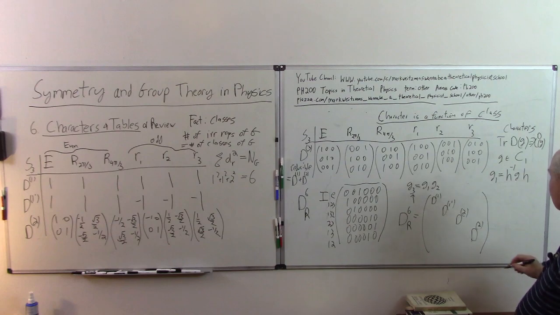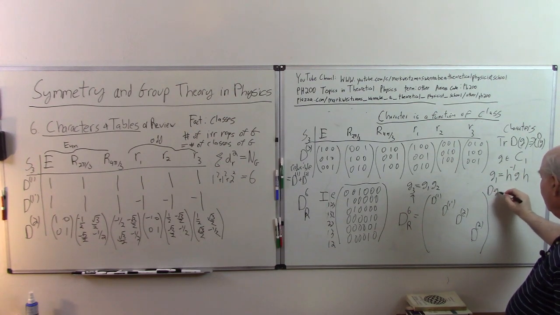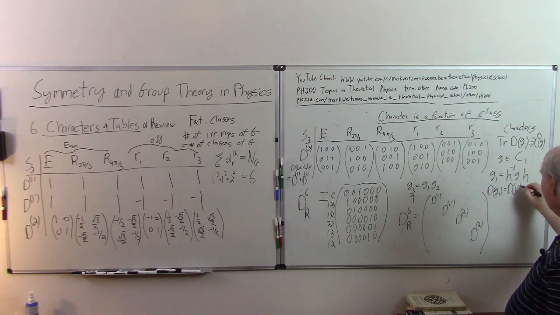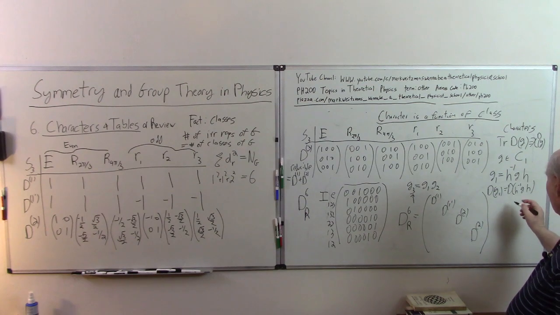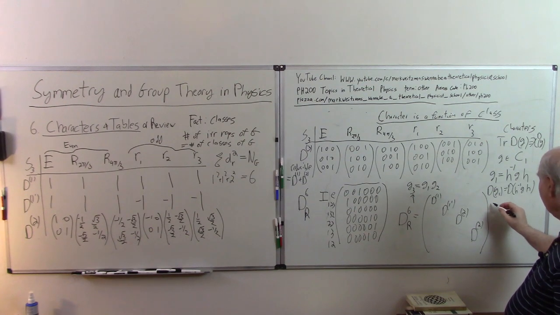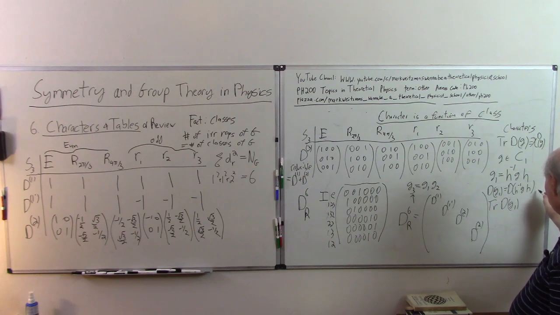Now that means in the representation matrices, D(G1) is equal to D(H inverse GH). Okay, that's nice. But now let's take the trace of D(G1).